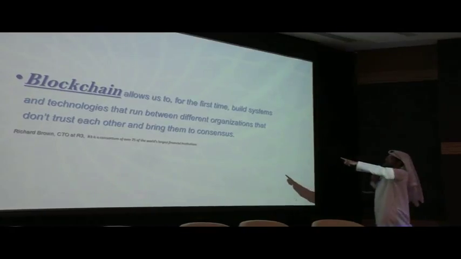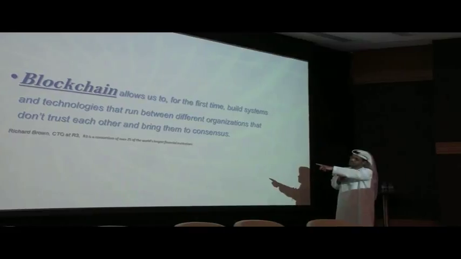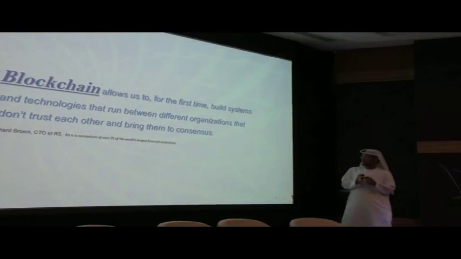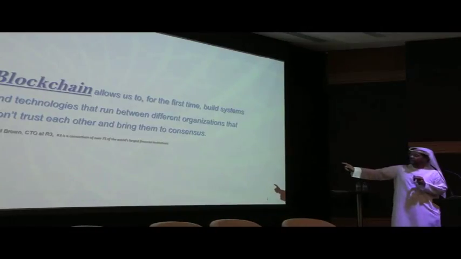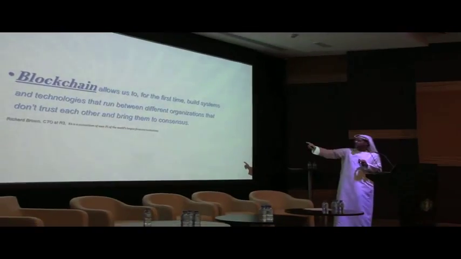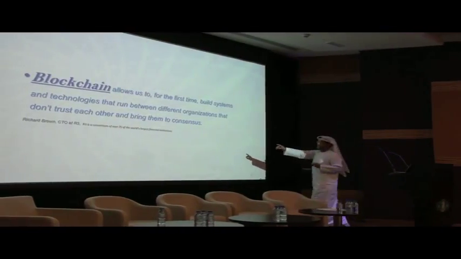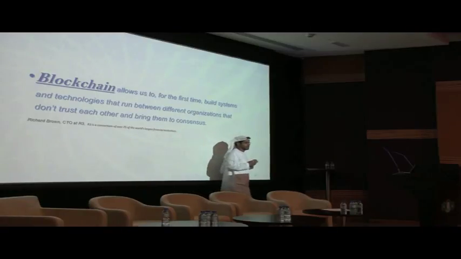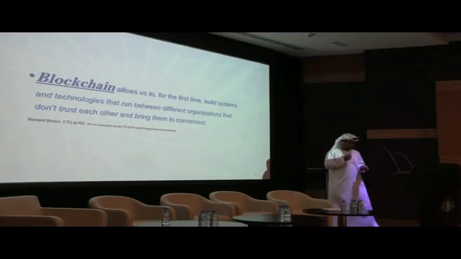He said, now, finally, we have a system, a technology that runs between different organizations that don't trust each other and brings them to consensus. This is 75 of the largest financial institutions, and you know R3.